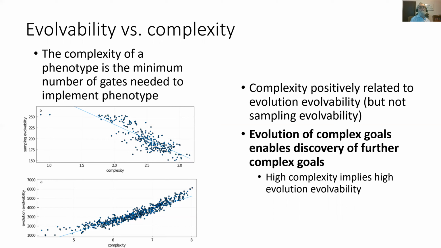So that is a direct application of Kolmogorov complexity. And so complexity is positively related to evolution evolvability, but not sampling evolvability. And we'll show in a minute how the evolution of complex goals enables the discovery of further complex goals.